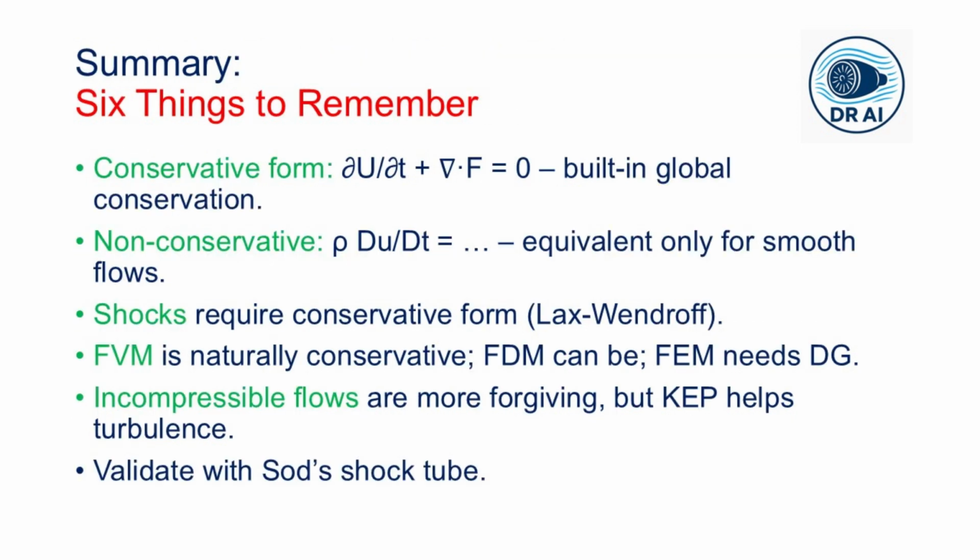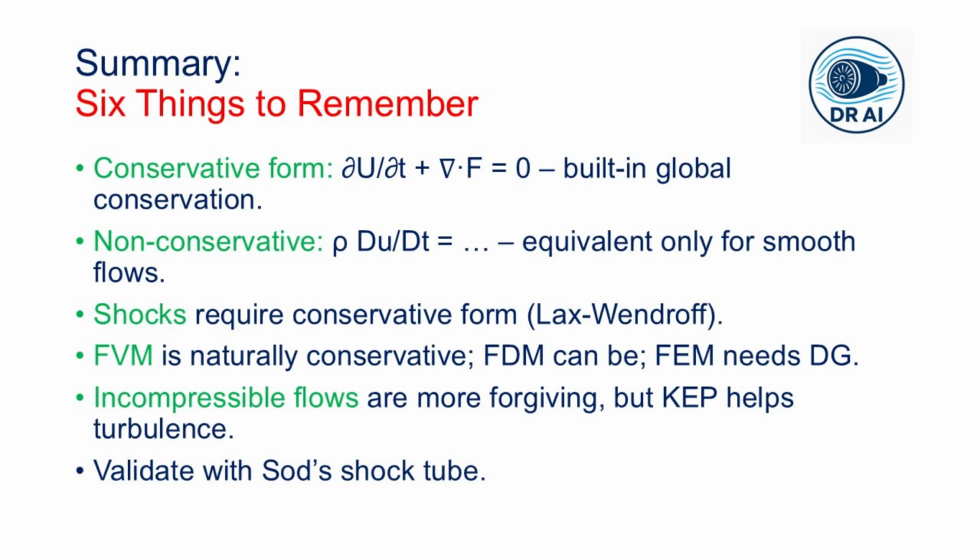Now, we have covered a lot of the ground. Let me summarize the key topics. Number one, the Navier-Stokes equations have two mathematically equivalent forms, which are the conservative divergence form and the non-conservative, which is the advective form. So they are equivalent for smooth flows, but not for discontinuities like shocks. The second one is that the conservative form directly expresses the global conservation laws when discretized by a finite volume method or a conservative finite difference scheme.